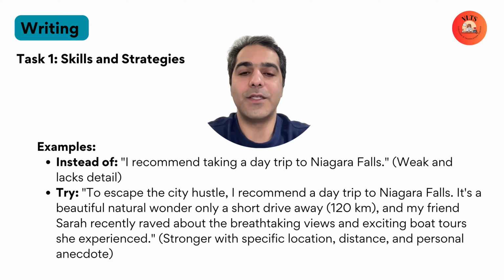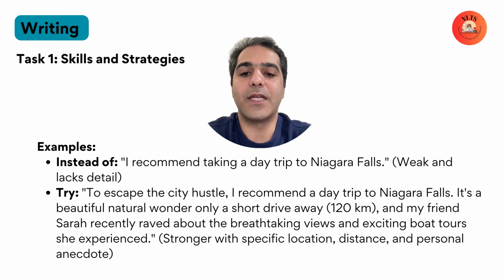A good strategy to score higher in the CELPIP Writing Task 1 is to use examples in your supporting sentences. Instead of giving a weak and vague example like this, I recommend taking a day trip to Niagara Falls. Try this one. To escape the city hustle, I recommend a day trip to Niagara Falls.